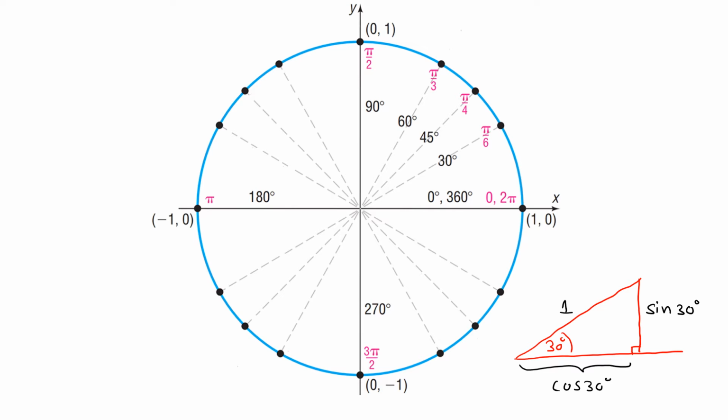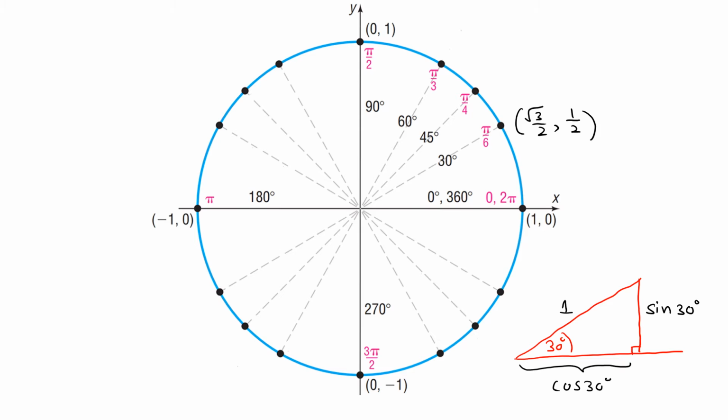Now we can use that idea here. Since we know the cosine and sine values for 30, 45, and 60 degrees, we first write the x-coordinate, which is the cosine value. So cosine 30 is square root 3 over 2, and sine 30 is 1/2, that is the y value. Similarly, we know that sine and cosine of 45 are the same, which are square root of 1 over 2.